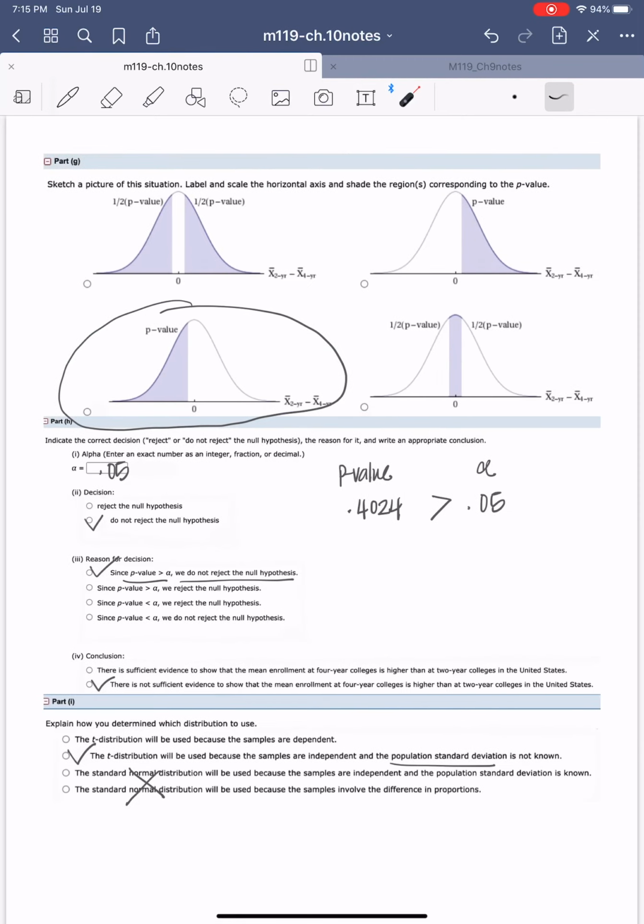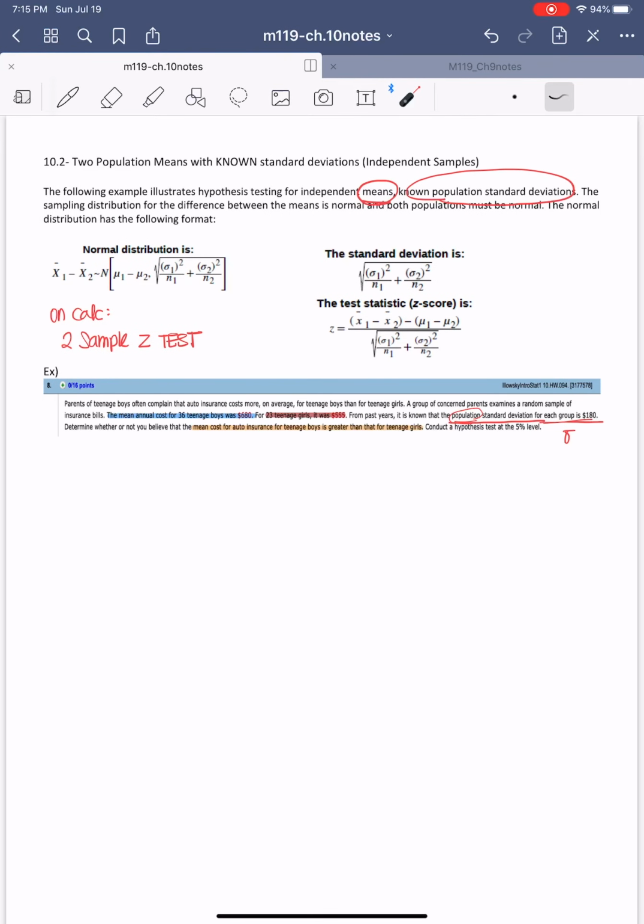Here you'll see the word clearly saying population. So this is a z distribution. That's how you distinguish between t distribution and z distribution: sigma known, sigma not known. Population standard deviation given or population standard deviation not given.